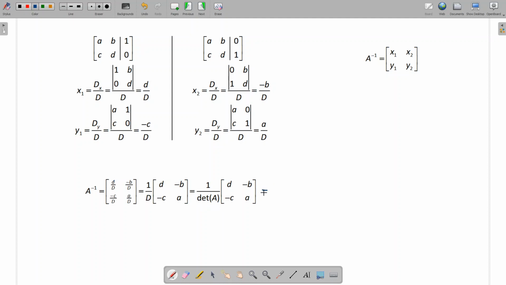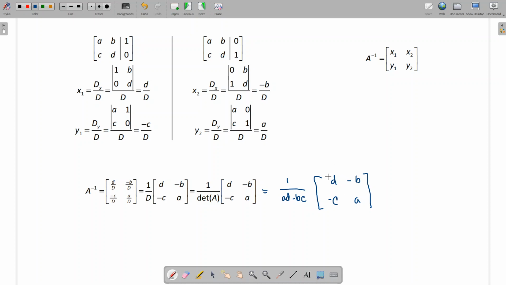If you wanted to, you could write it all the way out. This would be a times d minus b times c. That is what that determinant is, but I'm probably just going to leave it like that, then put the rest of it in here. And then let's look at what's actually happening here. So if we go back to the original coefficient matrix, what changed is we swapped this diagonal.